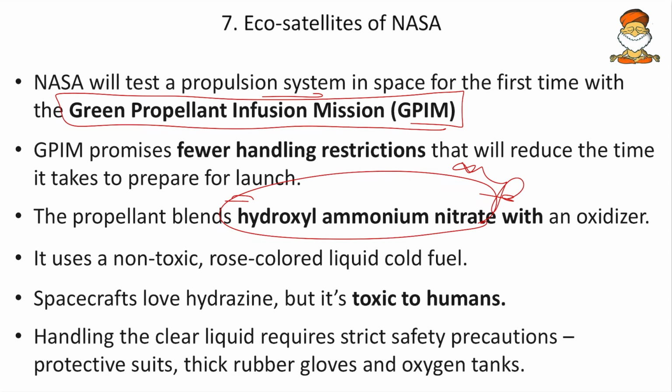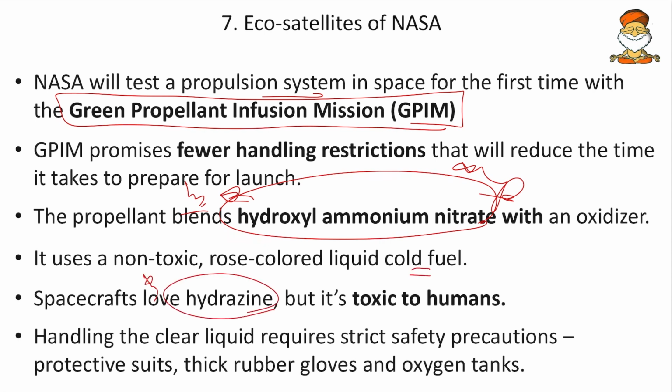Just like we got the question on triclosan or polycarbonate plastic, whenever new chemicals come up from the chemistry point of view, the questions become important. So remember this chemical name, hydroxyl ammonium nitrate. Then it uses a non-toxic rose-colored liquid and it's a cold fuel. Spacecrafts love hydrazine.